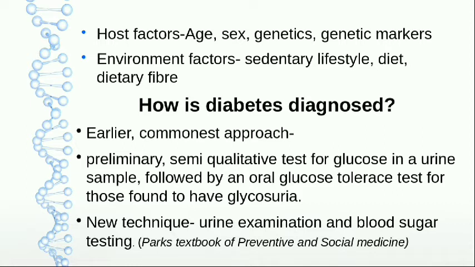How is diabetes diagnosed? The earliest and commonest approach was a preliminary semi-qualitative test for glucose in a urine sample, followed by an oral glucose tolerance test for those found to have glycosuria. And the new technique is urine examination and blood sugar testing.